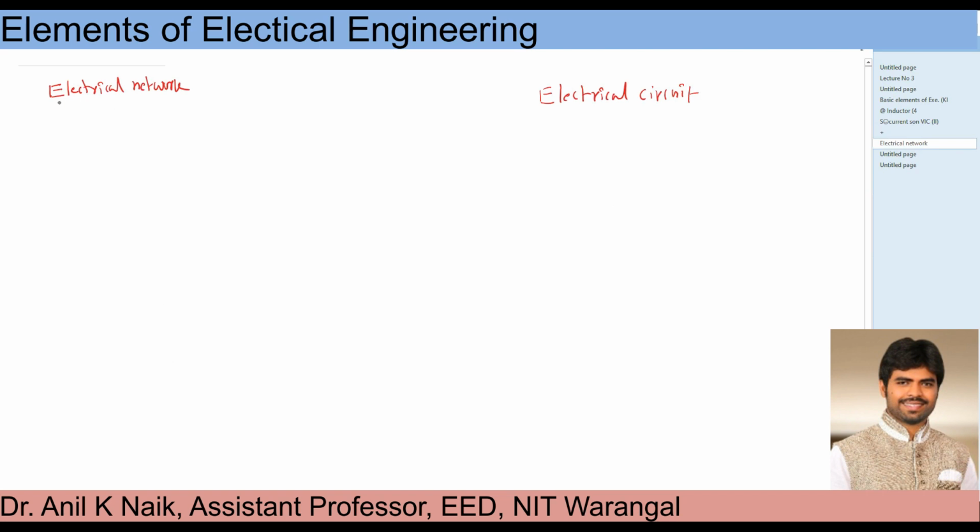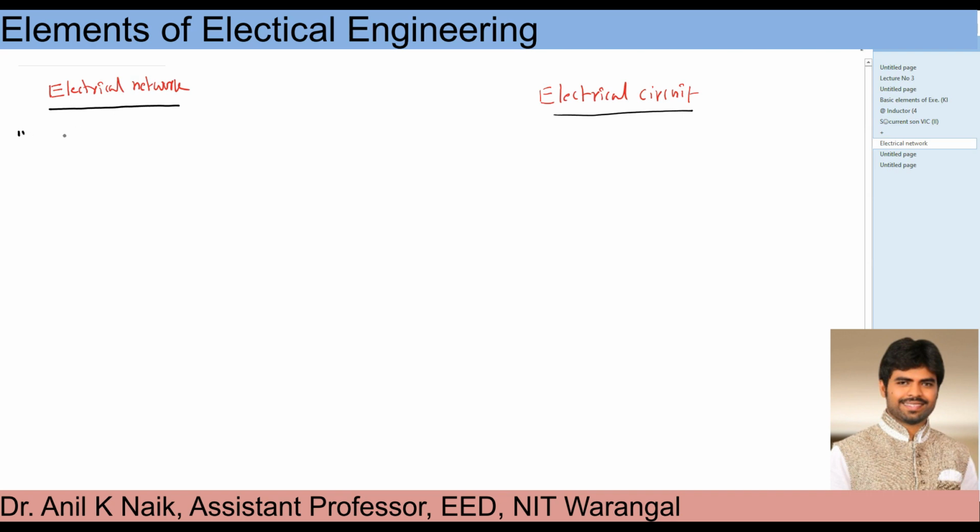Now we will see the difference between an electrical network and an electrical circuit. We frequently use the terms electrical network and electrical circuit in this subject. So we will see the basic definitions and the difference between the two.